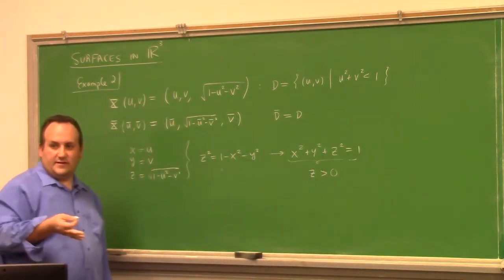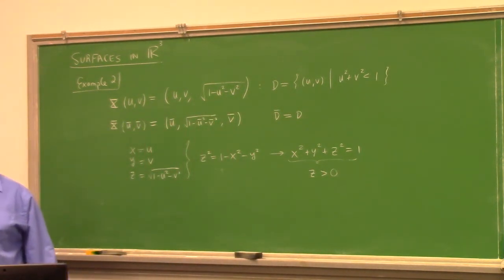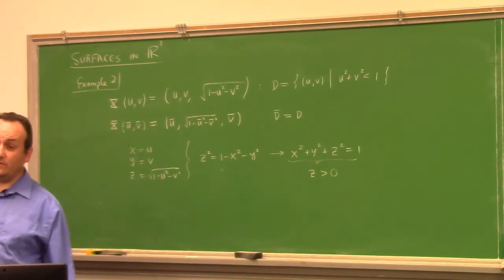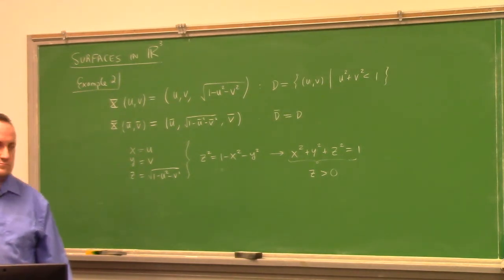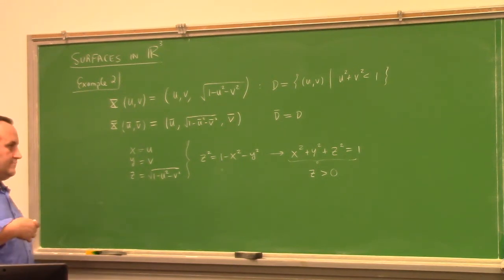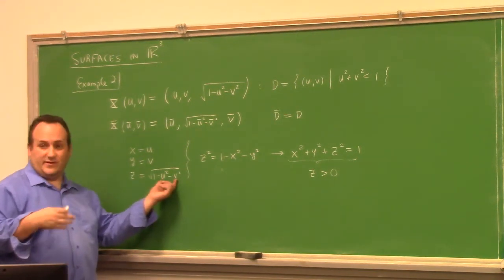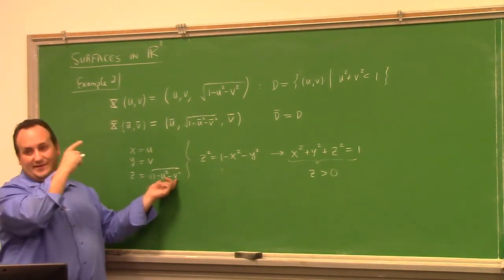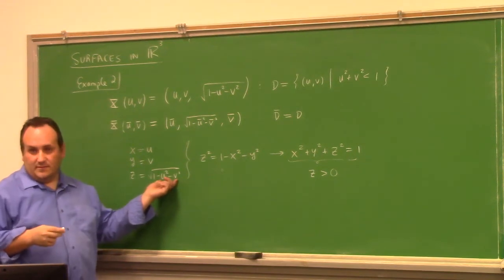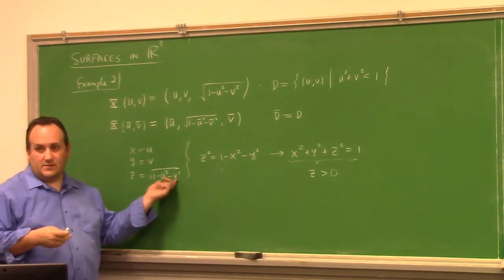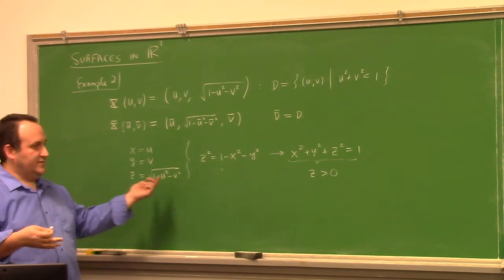I don't think it does, because to get 0, we need u squared plus v squared equal to 1, which we do not have. I have defined D to not allow that. So we could picture this. This is what?